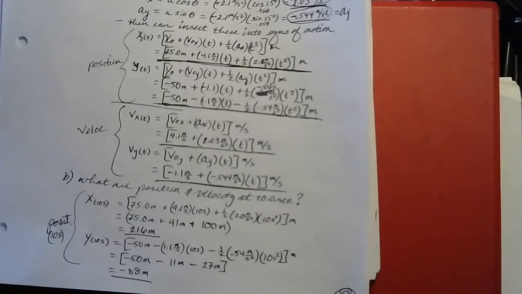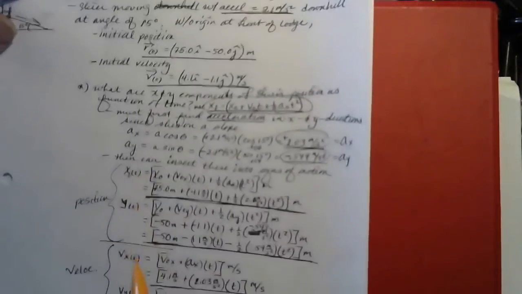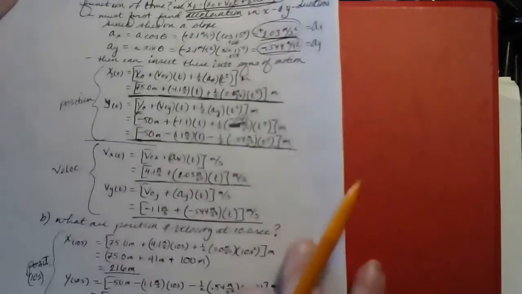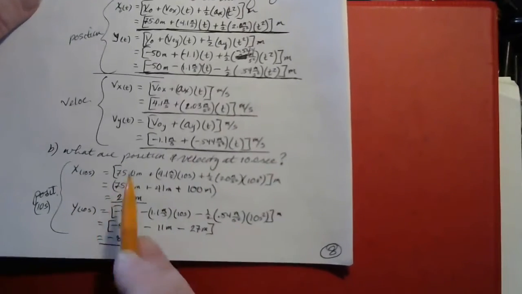Okay, the question then goes on to ask specific questions, like what are the position and velocity at 10 seconds? What that means is you just come back to the equations that we had for position and velocity, and anywhere you see t, just insert 10.